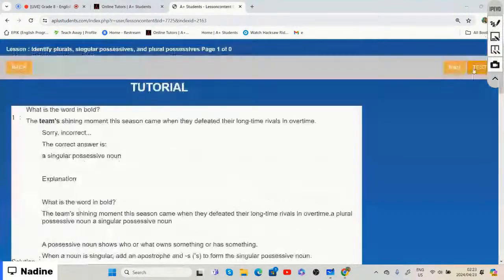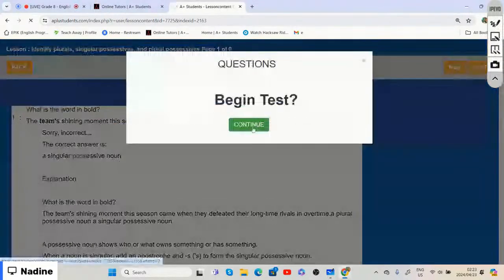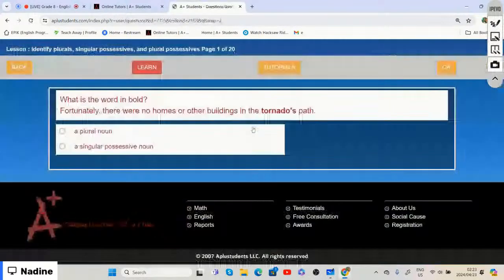All right, now let's go to our test where we are going to either identify plurals, singular possessives, or plural possessives. What is the word in bold?